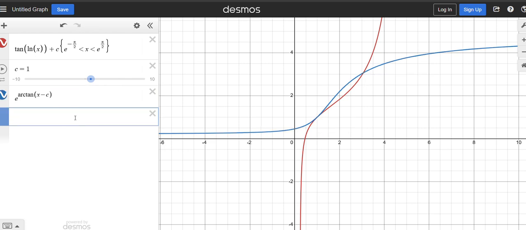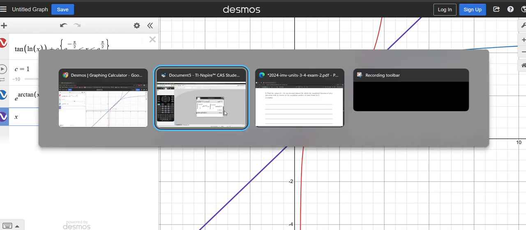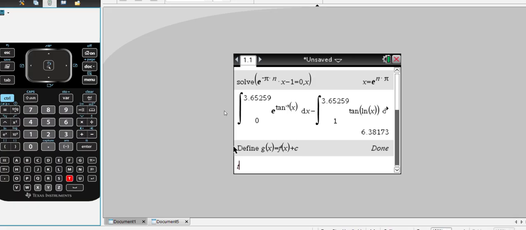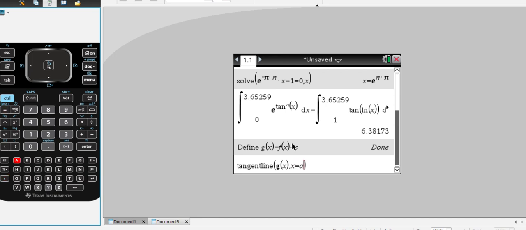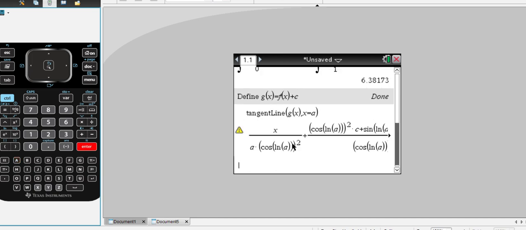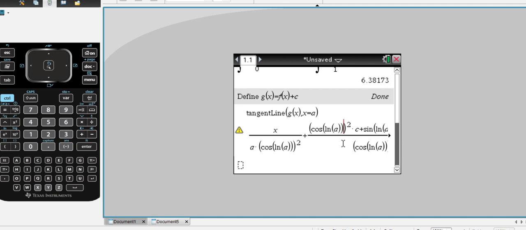And what we can do is realize that they're tangential to y equals x. So I'm going to find the tangent line of g of x, which is f of x plus c, at any point x equals a. And yeah, we get that. And then I'm going to see when this is equal to y equals x.